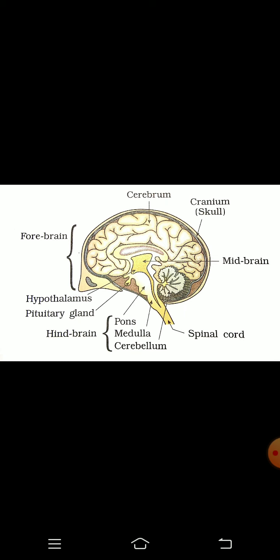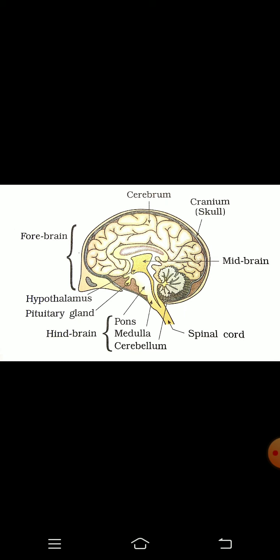Now, let me tell you about the parts of the human brain. We already know that there are three main parts: forebrain, midbrain and hindbrain. Let us talk about each one of them. Look at the figure. The upper part is the forebrain. The forebrain consists of the cerebrum. What is its function? It is the thinking part of the brain.